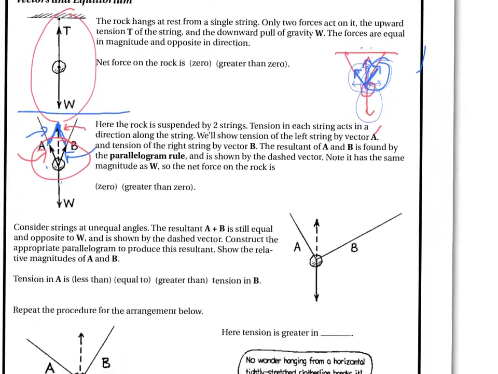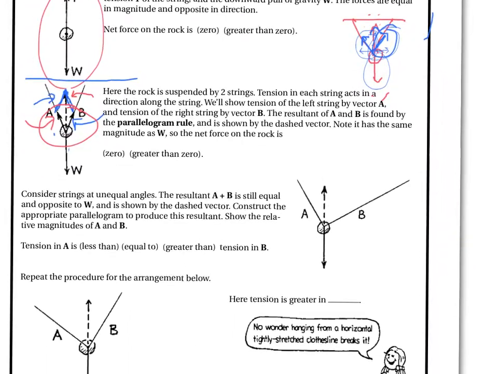So, if we look down here, with A and B, we draw our parallel lines in, and now we actually see that A is longer than B. Well, why is that? Well, A is actually supporting more of the weight than B is.